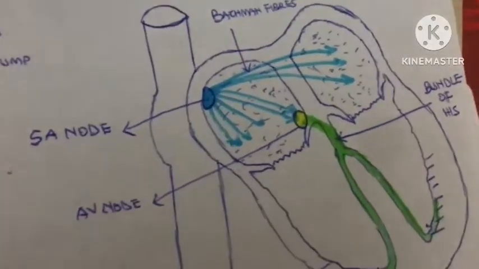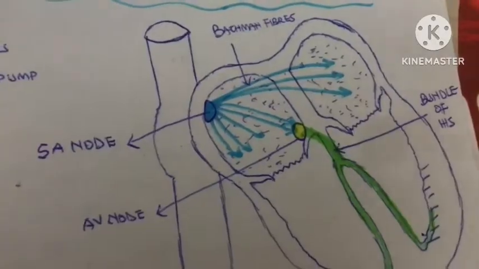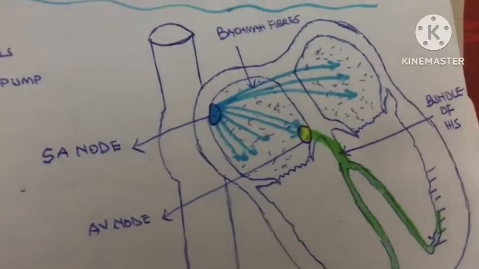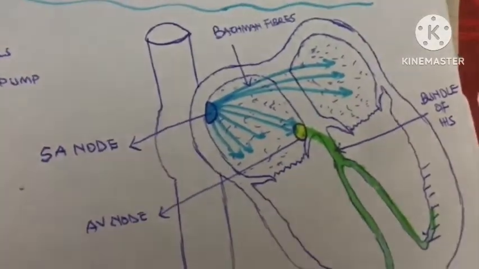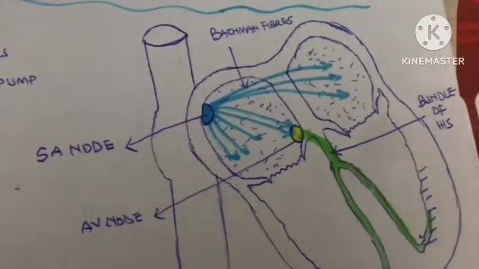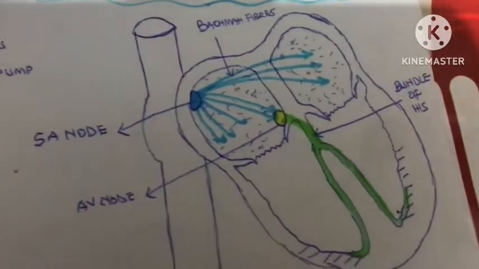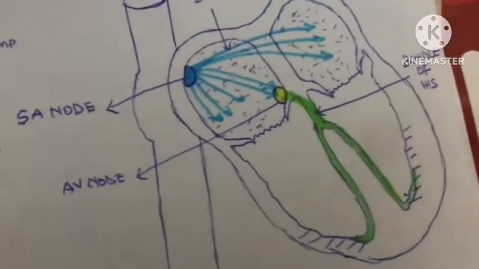Without the slow conduction in the AV node, the atrial and ventricular chambers would contract at the same time, which is very problematic. So the slow conduction in the AV node allows the atrial chambers to contract before the ventricular chambers.